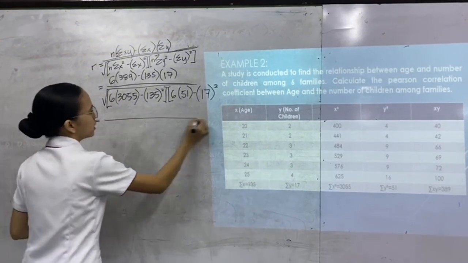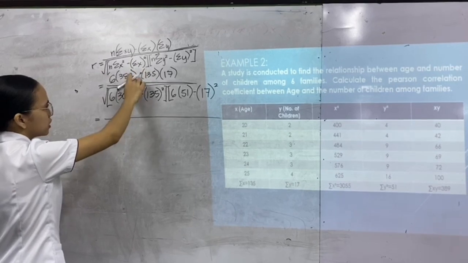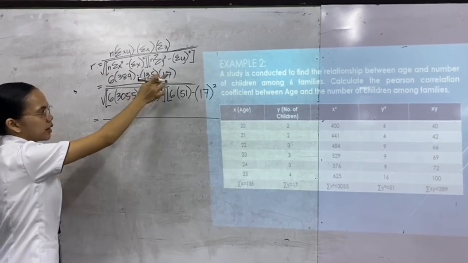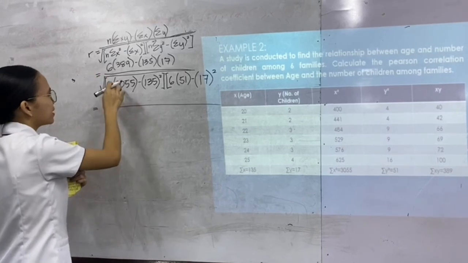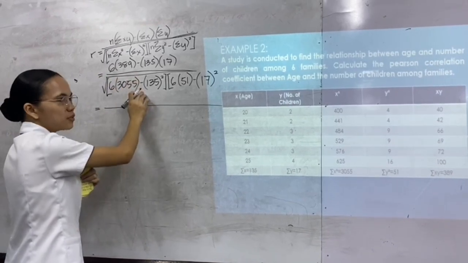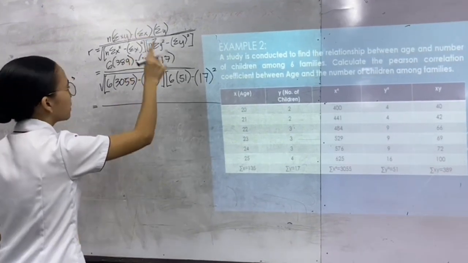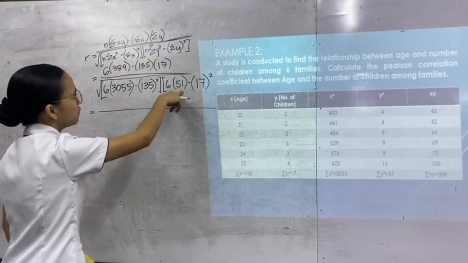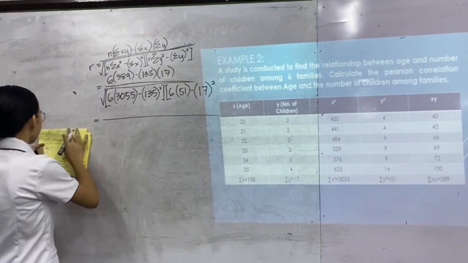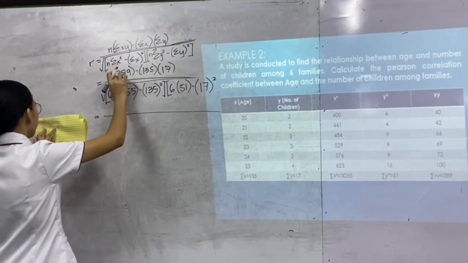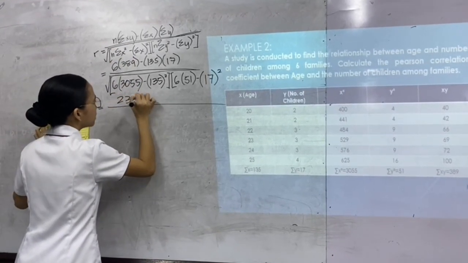We will now calculate 6 multiplied by 389 subtracted by 135 multiplied by 17, over the square root of 6 multiplied by 3055 subtracted by 135 to the second power, and 6 multiplied by 51 subtracted by 17 to the second power. So the result for 6 multiplied by 389 is 2,334.